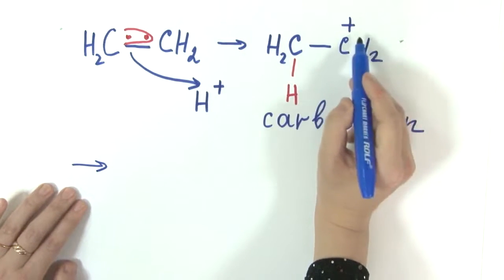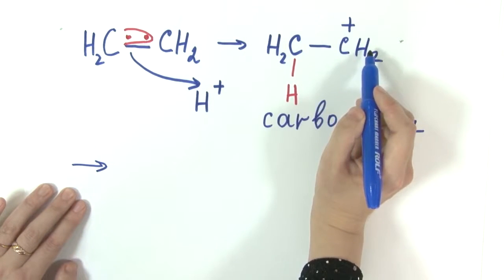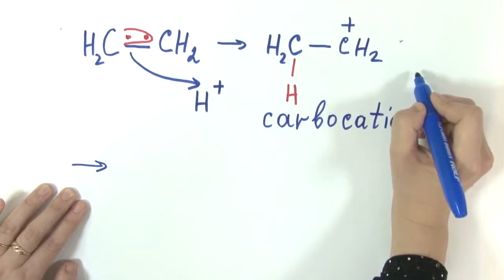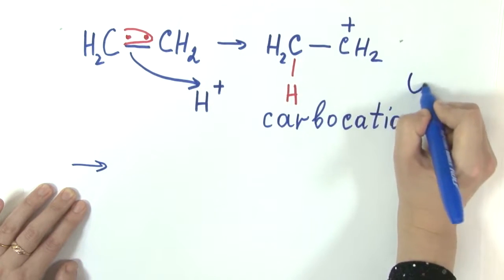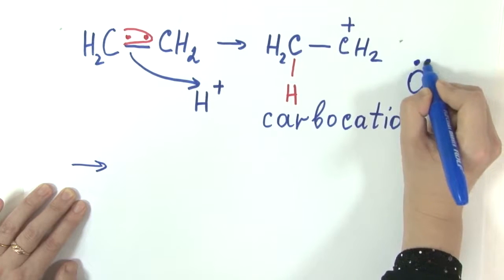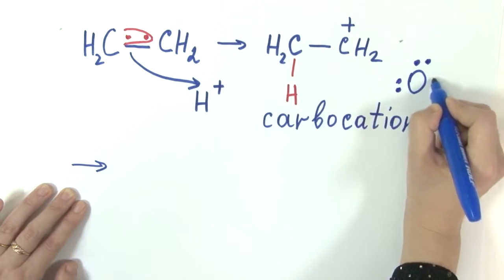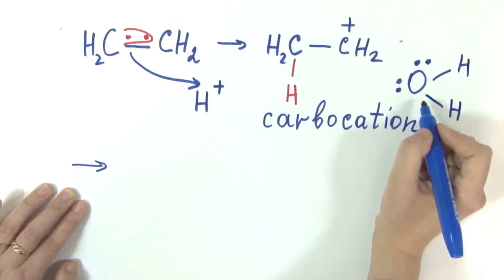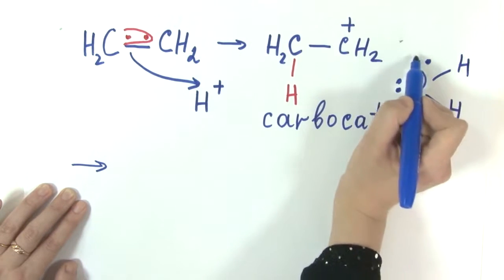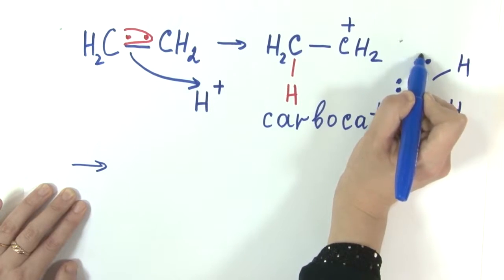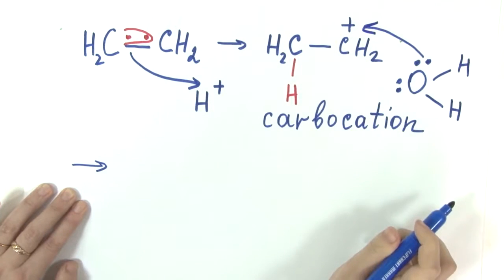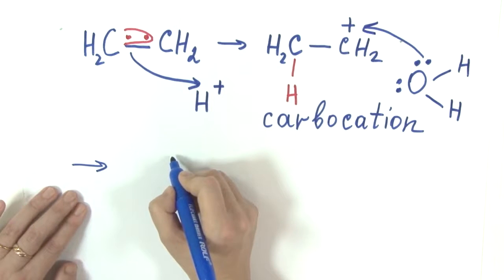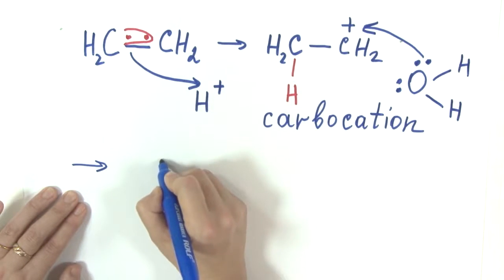This positive charge attracts the lone pair of oxygen in the molecule of water. As you know, in a molecule of water, oxygen has two lone pairs. So one of the lone pairs is attracted to this positive charge and forms one bond.